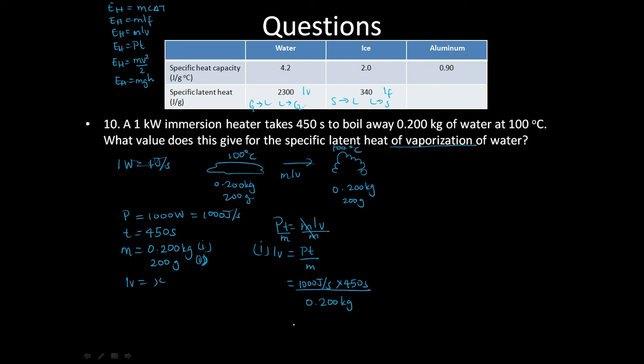So this will give us our actual SI unit and the value for that SI unit. And for number 2, we're going to do it in grams. So that will be PT over M: 1,000 joules per second times 450 seconds divided by 200 grams. When you work it out, you should get this number right here for this one.